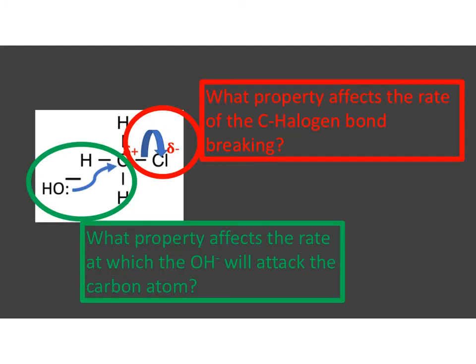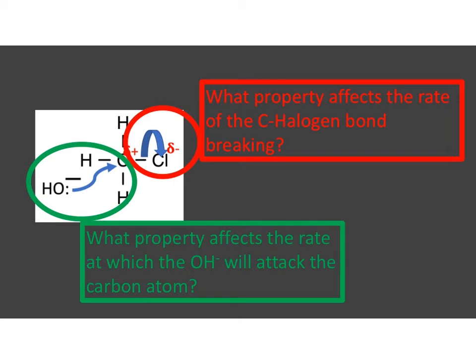So there are two things happening here. What property is going to affect the rate at which my hydroxide ion attacks the carbon, and what property will affect the rate of the carbon-halogen bond breaking? Because those two key things must take place for my product to form, and therefore the slower one of those steps will have the determining effect on how fast the reaction occurs.